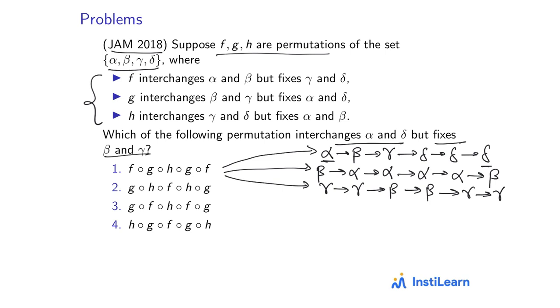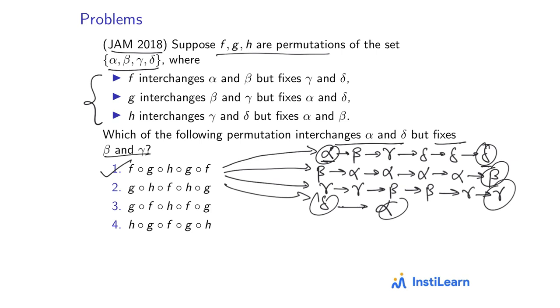Then you know that delta in this case will go to alpha. So it does interchange: alpha is going to delta and delta is going to alpha, and it fixes beta and gamma. So definitely this permutation does the job.